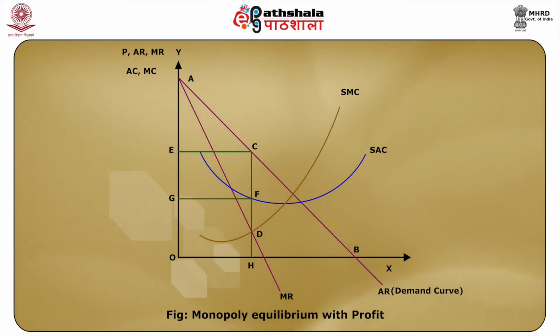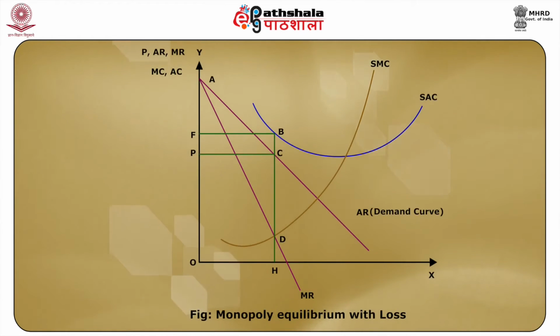The firm produces OH amount of output and sells it at the price CH. Short run average cost of producing OH units of the commodity is HF. Therefore, total profit of the firm is the area EGFC.